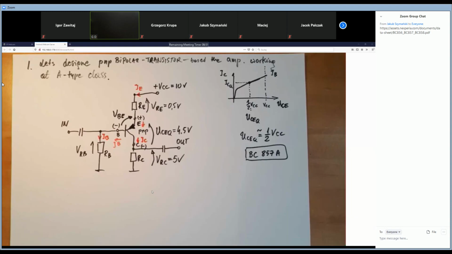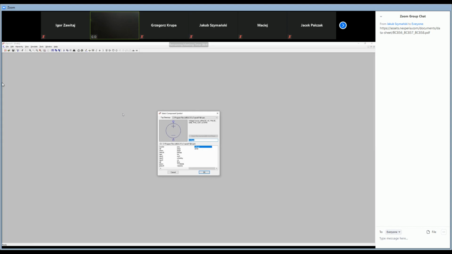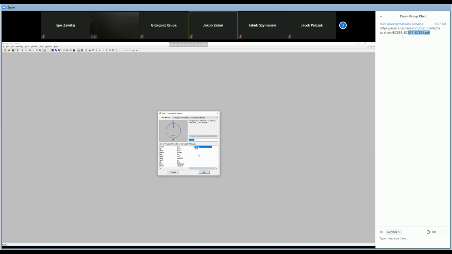We are going to LTspice, and let's put this type of transistor here. We have to choose it. Do you see the LTspice desktop? Yes. Okay. We have to choose the PNP transistor.